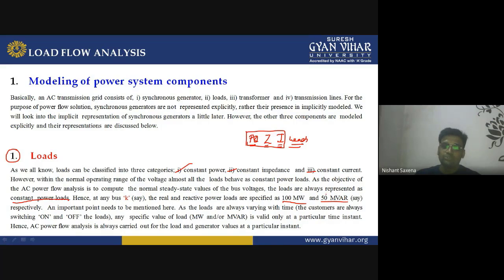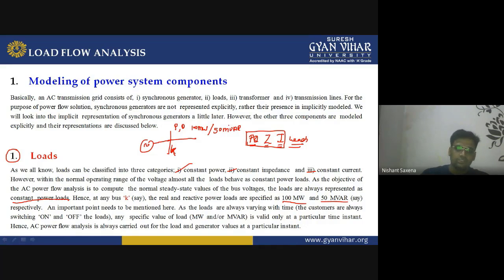Let this be the bus K, with a generator here. At this bus, the real and reactive power are 100 megawatt and 50 MVAR.